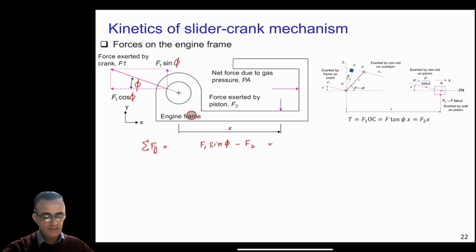Okay, so in this case, you know that f1, which is this here, is f divided by cos pi. And again, you can see that f2 here is f tangent pi.